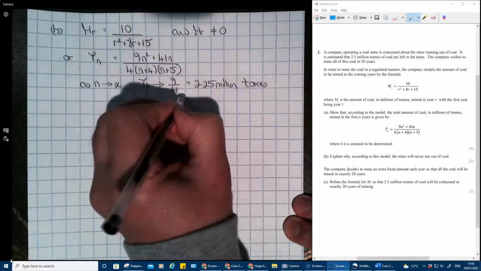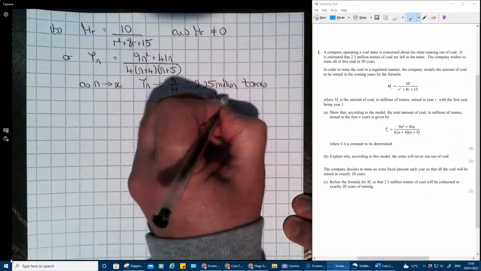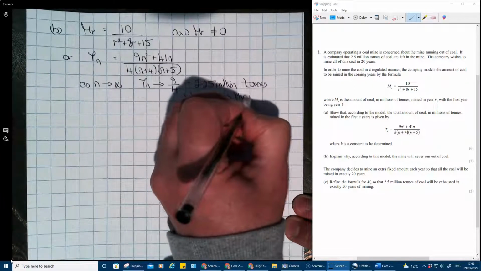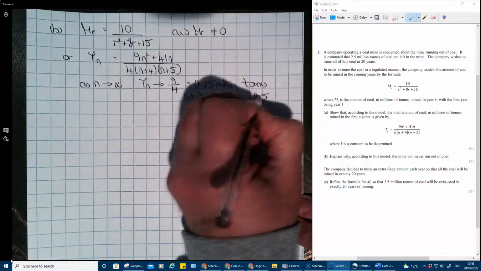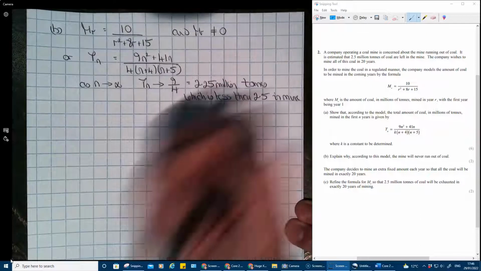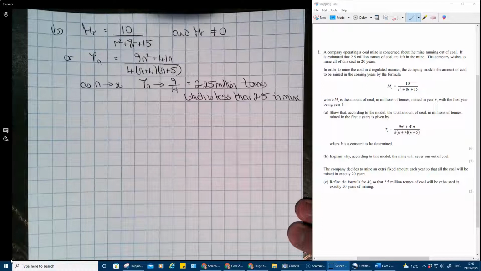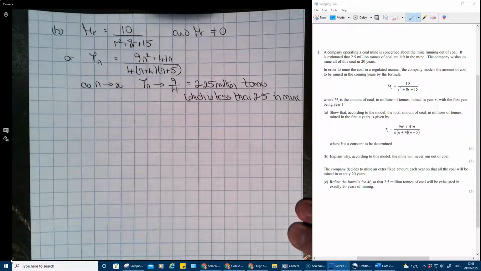Which is less than the 2.5 available. So the total is going to tend towards 2.25 million tons, and there's 2.5 million tons in the mine.